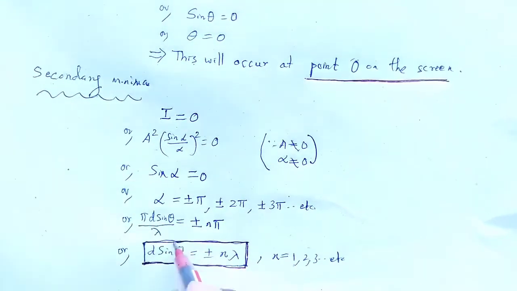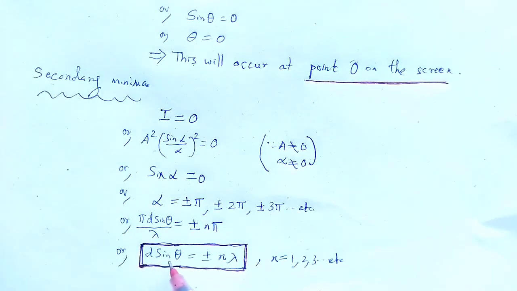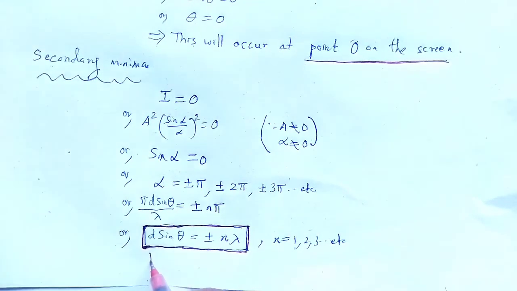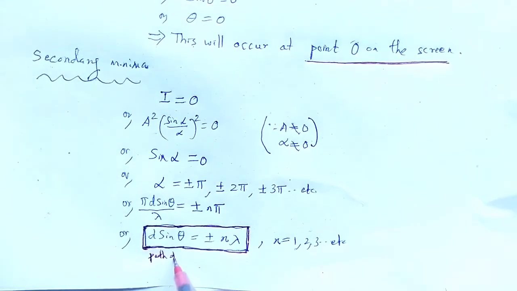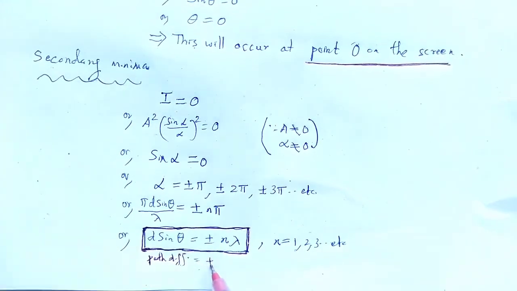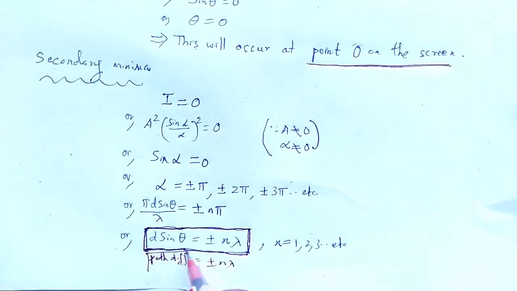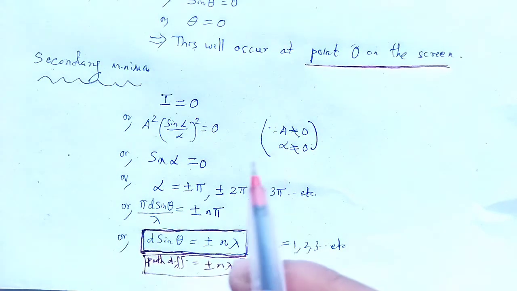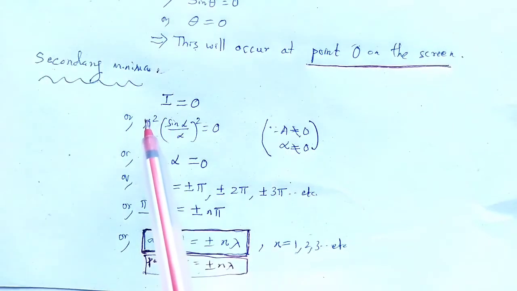This is the path difference, integral multiple of lambda. So path difference is equal to plus minus n lambda. When path difference is the integral multiple of lambda, that will be the condition for minima.